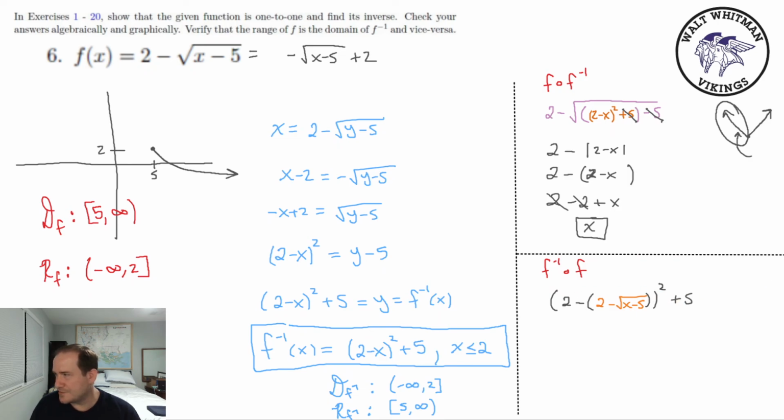But there's our composition, and then we can clean this up, because again, these parentheses are meaningless placeholders. 2 minus 2 can cancel. We are now looking at negative root x minus 5 all squared. So squaring the negative means the negative cancels. Squaring the radical means the radical cancels, and we land on x minus 5 plus 5. And then we can let the 5's cancel.